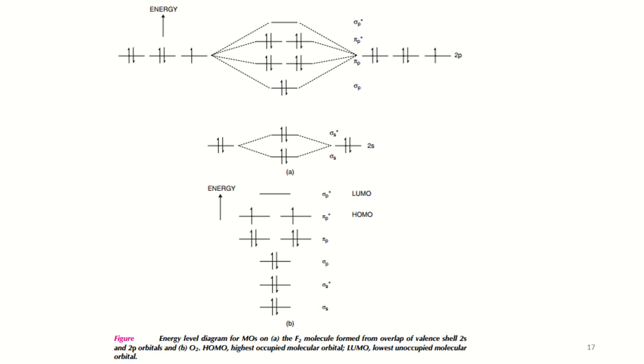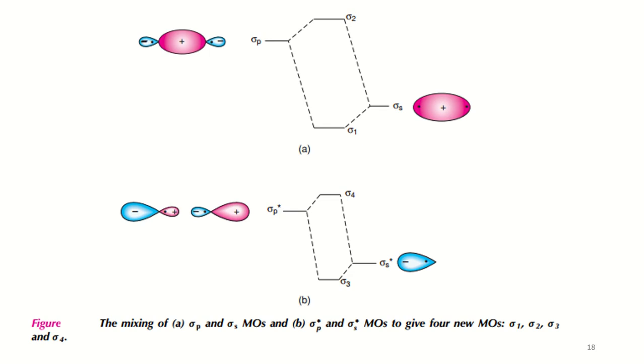The idea of orbital mixing also forms the basis of hybridization, which we have discussed already in detail in our previous classes. The interaction of sigma s and sigma p molecular orbitals and their resulting energies is shown in this schematic diagram. It is no longer appropriate to refer to the new orbitals as bonding and anti-bonding, and they are therefore labeled simply sigma 1 and sigma 2.